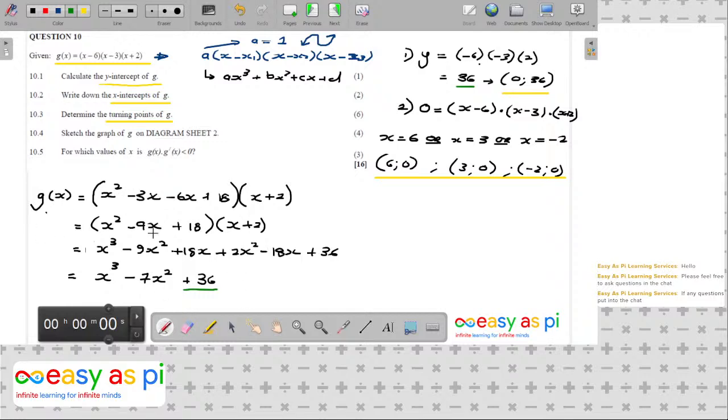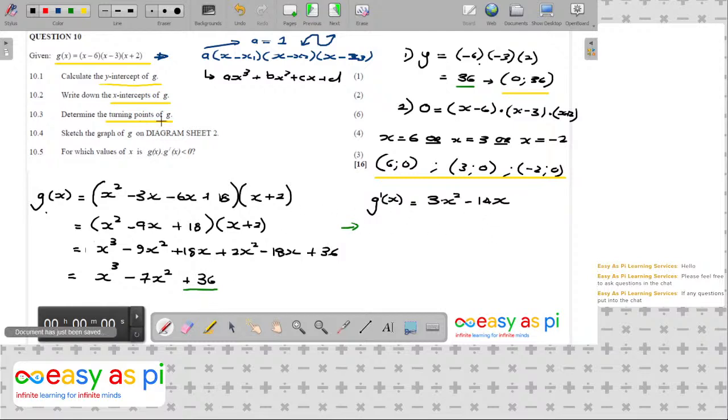Okay, now once we get g of x, we then need to find g dashed of x. Now what is g dashed of x in this case? 3x squared minus 14x. And we know that the derivative of a constant is 0.